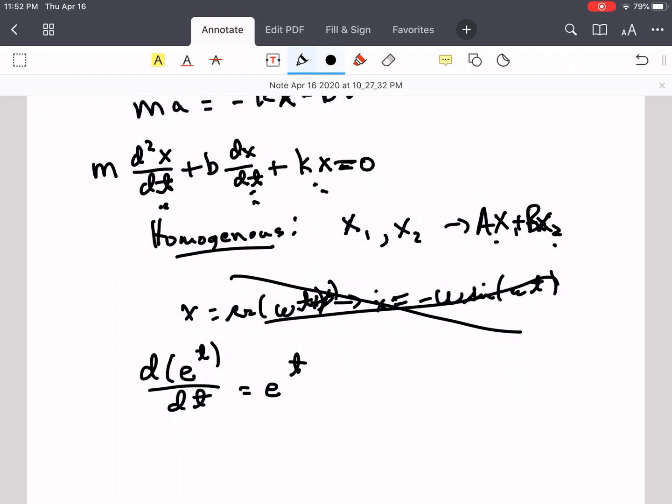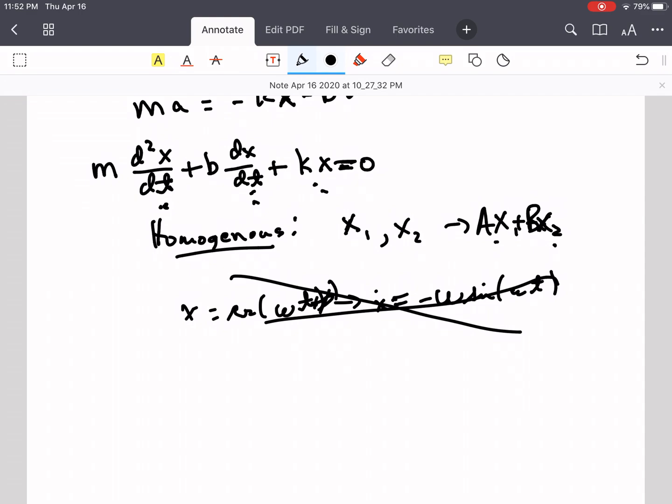And so we're going to propose a solution to this problem. We're going to propose that the answer is e to the t times some constant. Here's what I'm going to do.